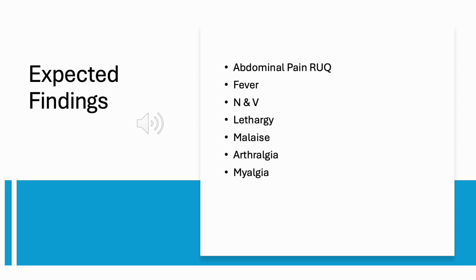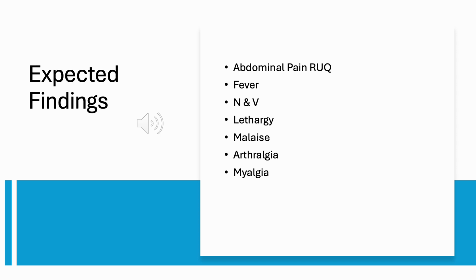They're going to have a fever because they have inflammation, nausea and vomiting, that's a GI sign, lethargy because they have inflammation of their liver, so they feel very tired. They don't feel good. They have malaise. It's like coming down almost like with the flu when they first have these symptoms. Arthralgia. Art refers to a joint, and algia refers to pain, so painful joints.